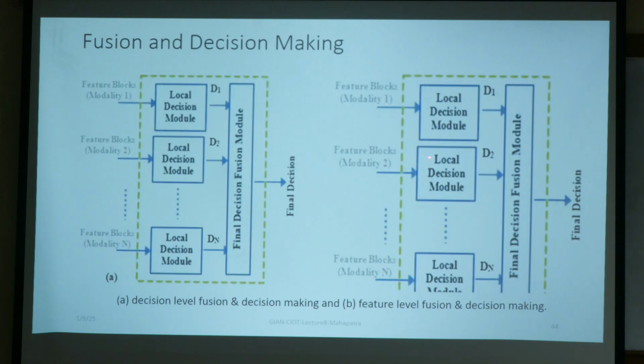Whereas here you do feature level fusion, then decision making. This is the final fusion module here, and this is your feature block. So what is the difference? Modality 1, modality 2, you are getting D1, D2. They look the same, right? No, something is wrong. Wait a minute.